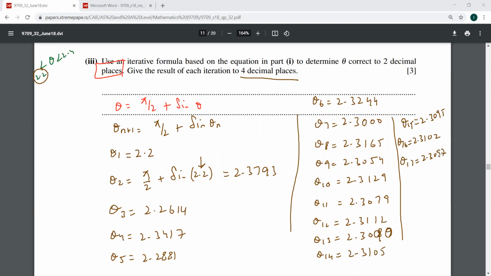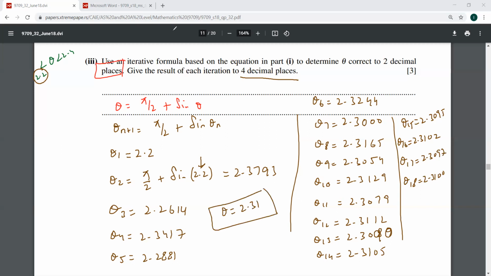So in a way, it has converged to 2.31 if you look at this correct to 2 decimal places. Theta 18 is going to be 2.31, and 2.31 once more. So you see this theta is going to be correct to 2 decimal places, 2.31.